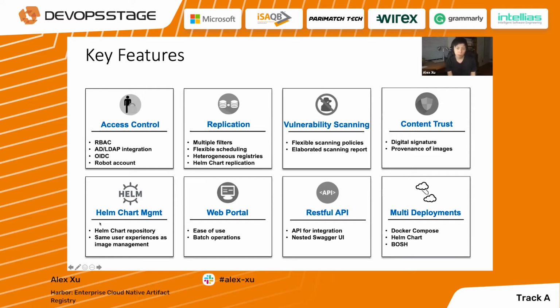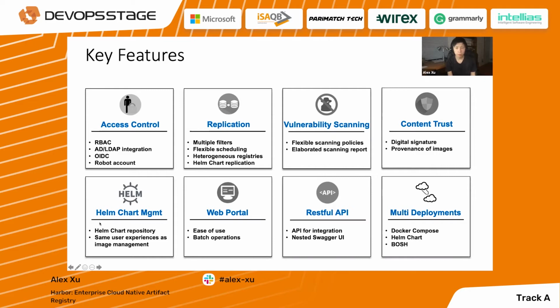There are also robot accounts for service account scenarios, CI/CD type scenarios, to automate the pushing and pulling of your images. You can also configure push or pull-based replication to and from other third-party registries.